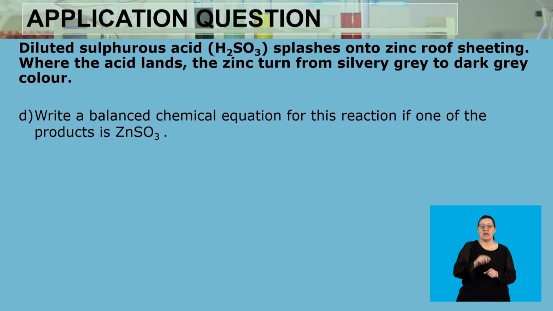Next question now. So still on the diluted sulfurous acid, now we are asked to write a balanced chemical equation for this reaction if one of the products is zinc sulfide. So we are told that we have the diluted sulfurous acid that splashes onto zinc roof sheeting, and therefore the product that is going to be formed there is going to be zinc sulfide, one of the products.